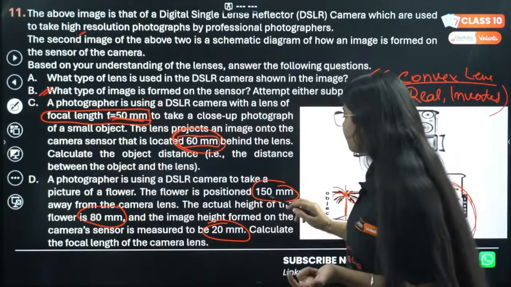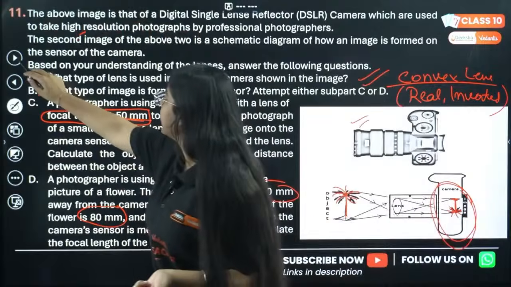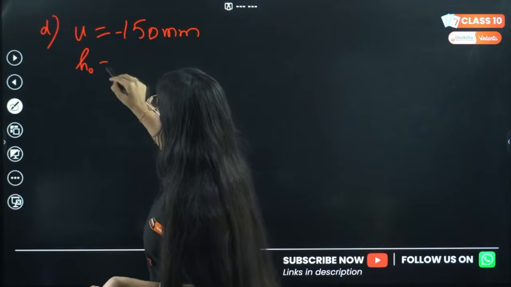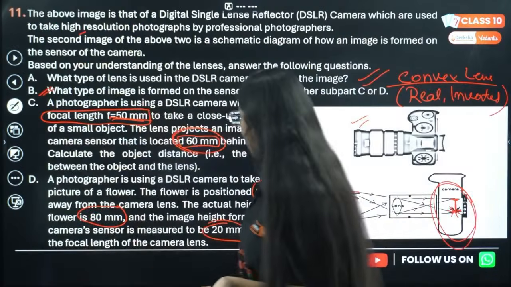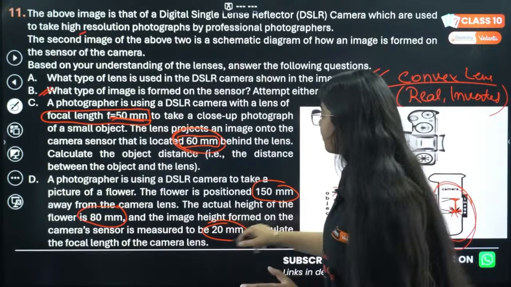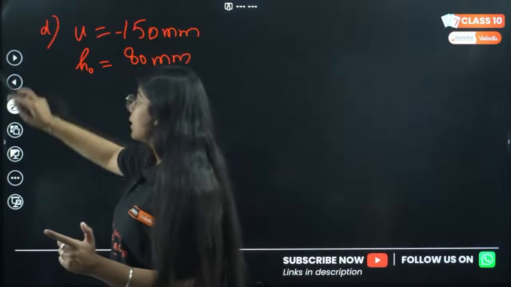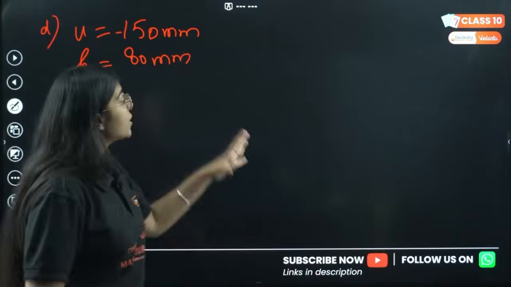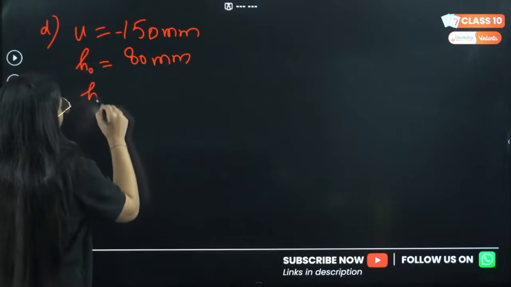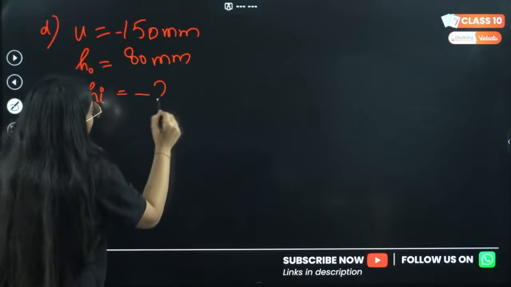Then we have the height of object as 80 mm. Correct? Then the height of image is 20 mm. But remember, the image now being formed is inverted, so it's below the principal axis. So height of image is minus 20 mm.